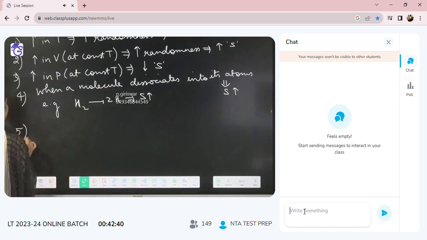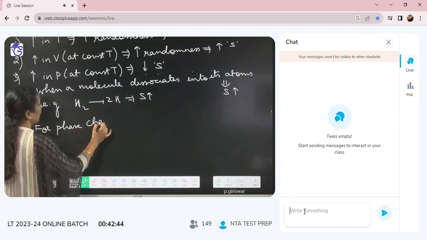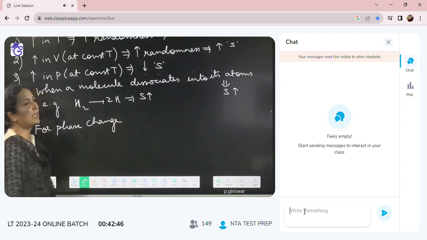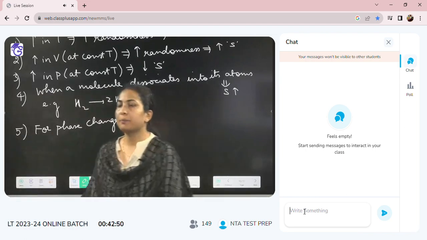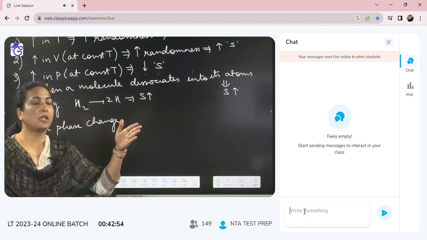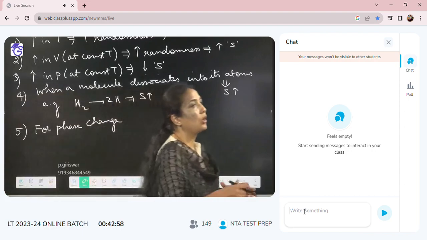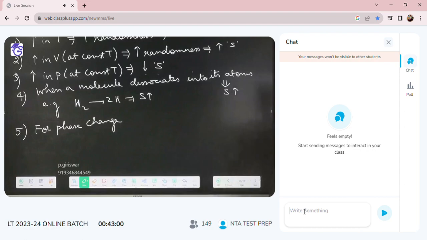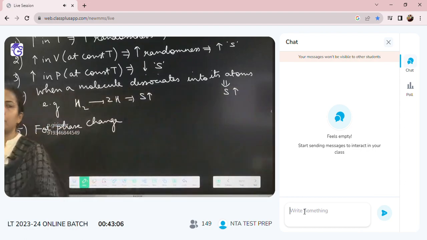Next I am writing here, for phase change. We know that all substances can exist in solid, liquid, gas depending upon the temperature and pressure. Out of the different phases, like solid, liquid and gas, which one is the most ordered phase for a substance?